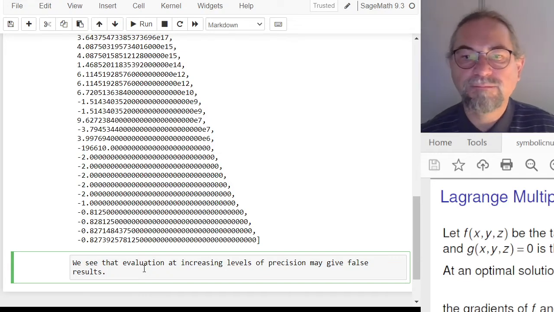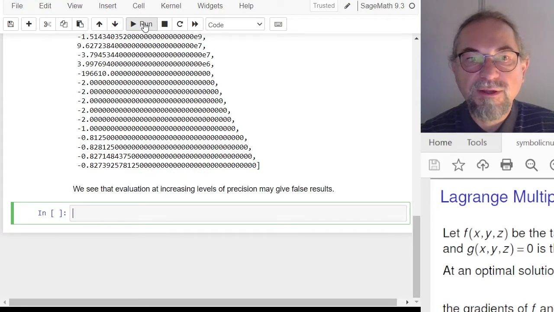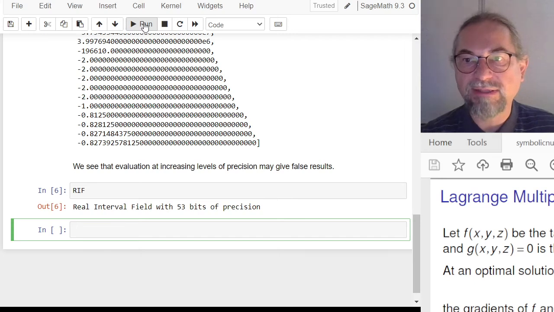So, interval arithmetic. We have the real interval field that is predefined. So we had the RR, and we also have the RIF. The RIF is the abbreviation for the real interval field.